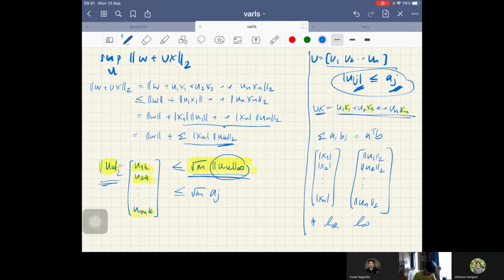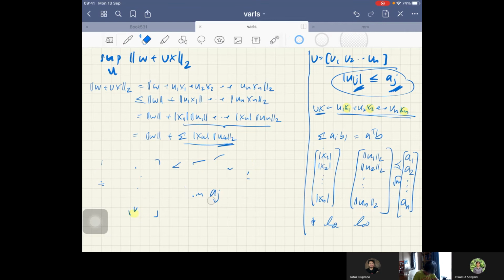Now you're going to have that the two norm of each column in U is of course bounded by a1, a2, dot dot dot, an, with the factor of square root m. Now I'm going to replace and vectorize the notation.